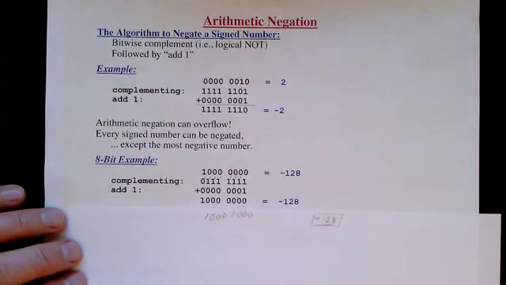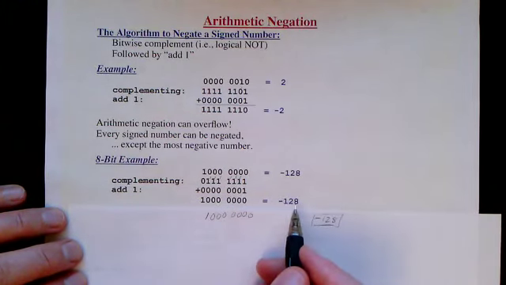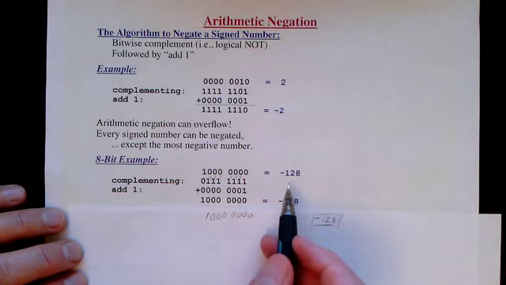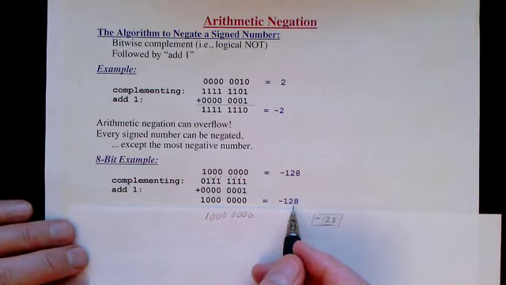And we get the same value again. So when we try to complement the most negative number, we get the same thing. It won't complement.